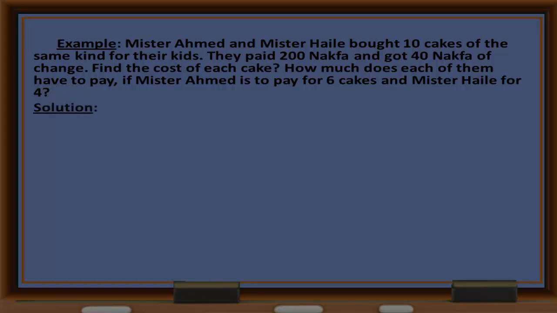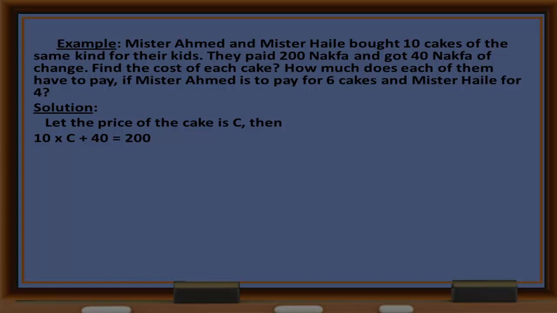Solution. Let us say the price of each cake is C. Then 10 cakes times the price of each cake plus the 40 change is equal to 200.